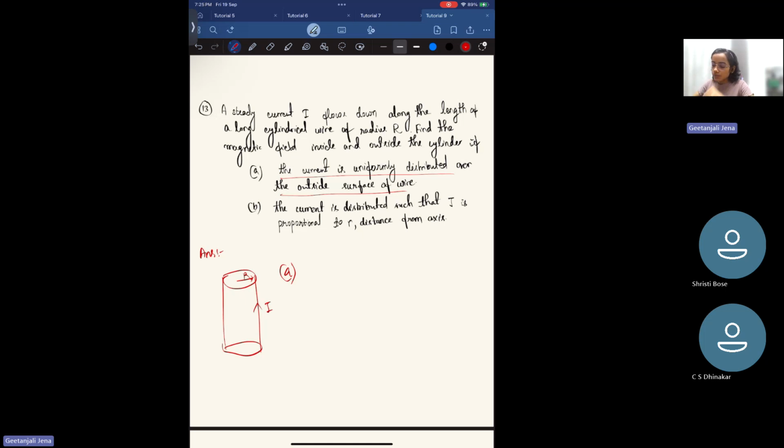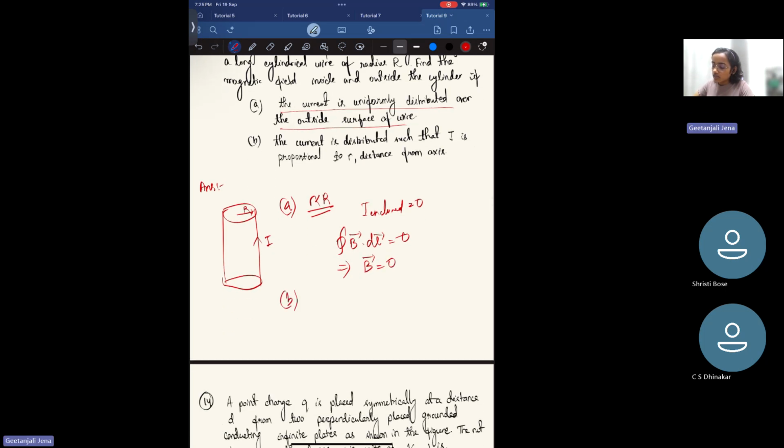So that means if you consider a region r less than R, there will be no I enclosed. I enclosed should be 0. So when you use Ampere's law, B is 0 inside.